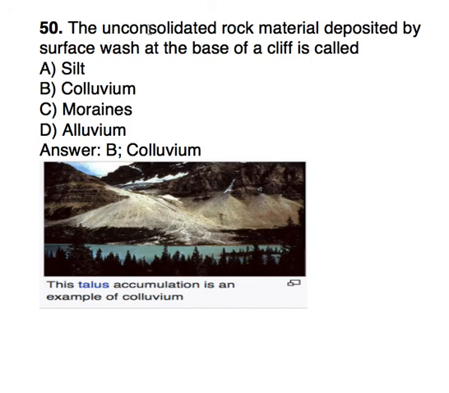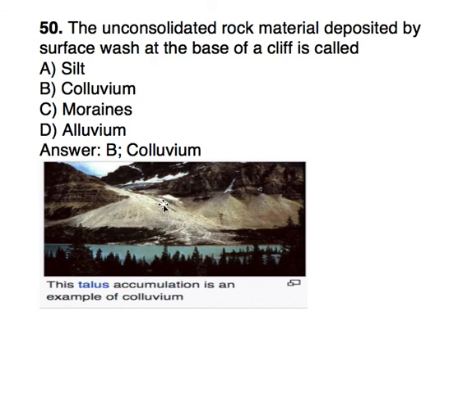The unconsolidated rock material deposited by surface wash at the base of a cliff is called colluvium. As we have already discussed colluvium, try to recollect from this image.